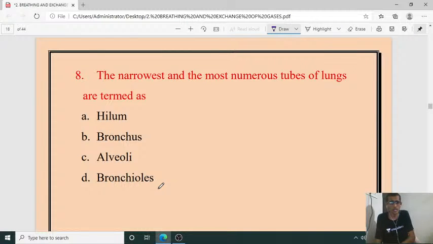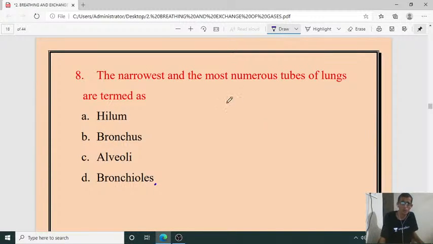Then the narrowest and most numerous tubes of the lungs are termed what? Hilum, bronchus, alveoli, bronchioles. Here the very narrow, most numerous, finest branches inside the lungs provide the passage for the entry of air to the level of alveoli.